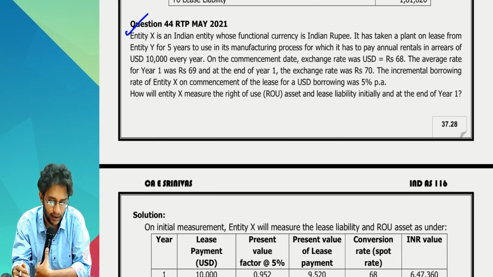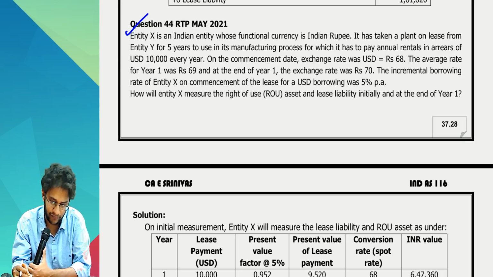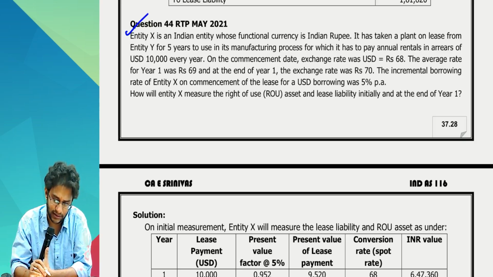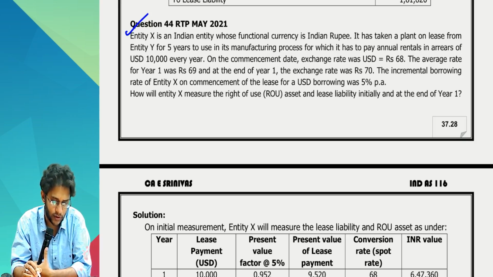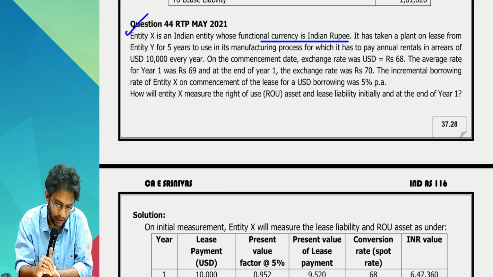Entity X is an Indian entity whose functional currency is Indian rupee. It has taken a plant on lease from Y for 5 years to use in its manufacturing process, for which it has to pay annual rentals in arrears of $10,000 every year. That means our entity is an Indian entity whose functional currency is rupee, but we have taken on lease a particular plant and machinery.